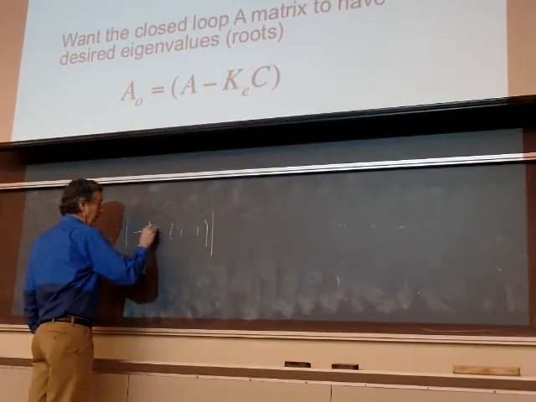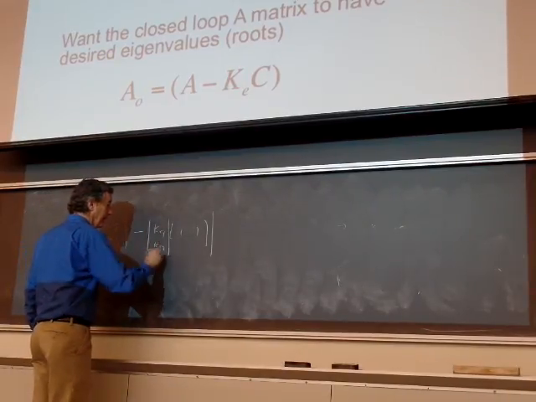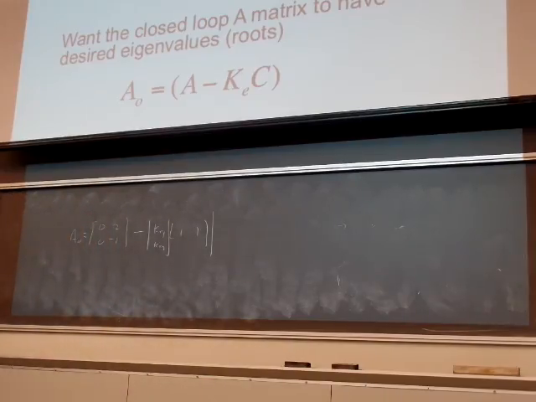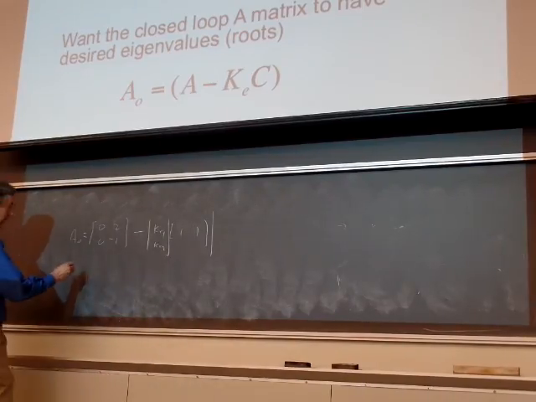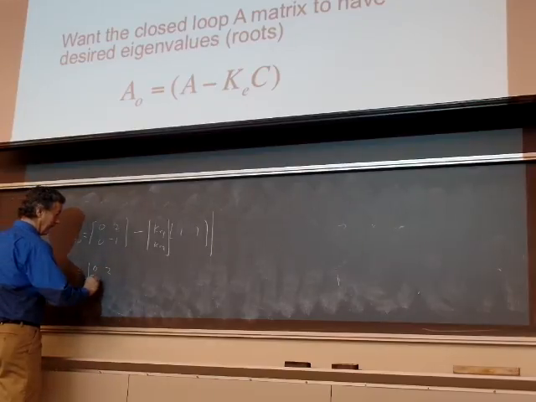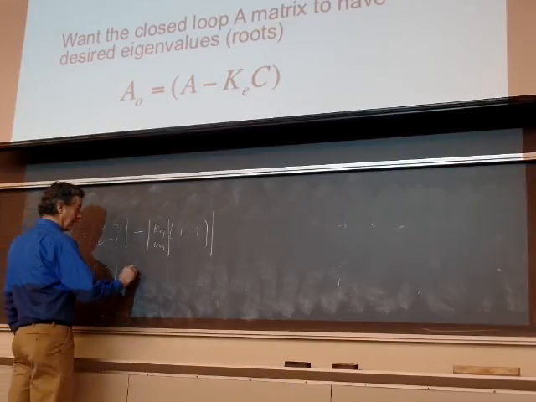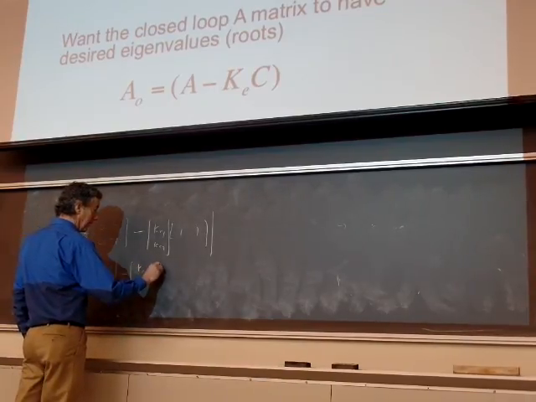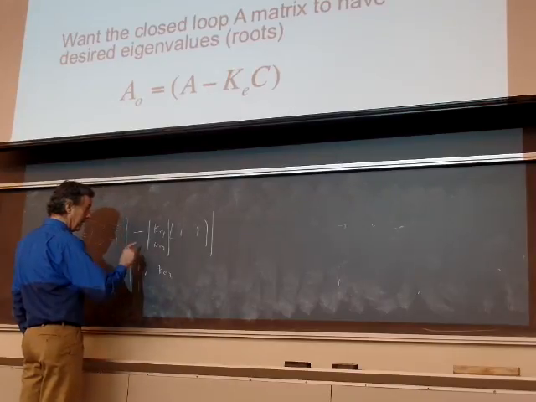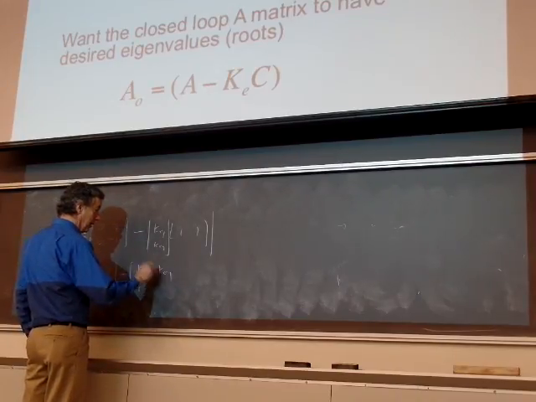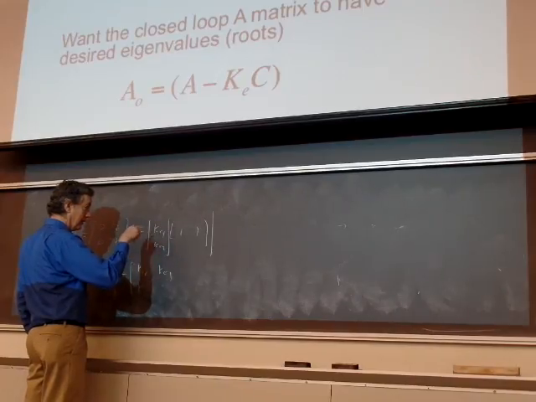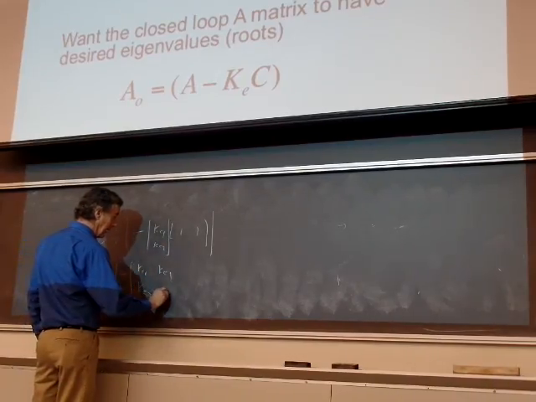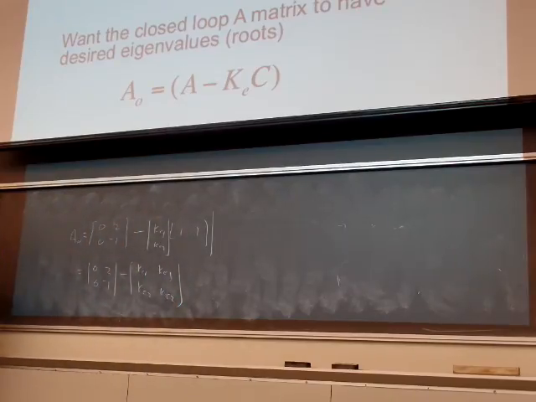Column vector. Controllable is column, row vector for observable. Okay, when we do this, this is K, minus KE1, KE2. KE1, sorry. 2, KE2.